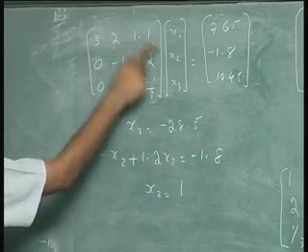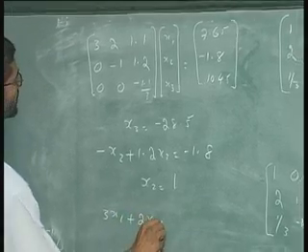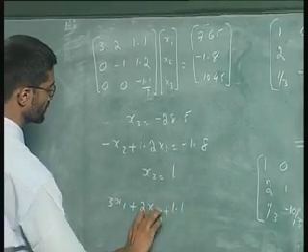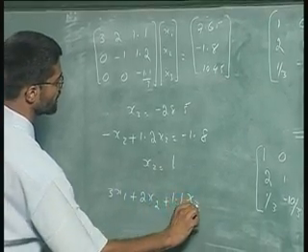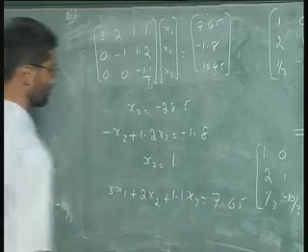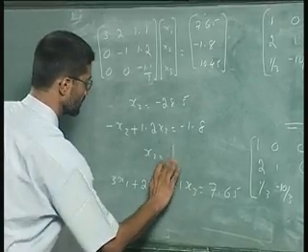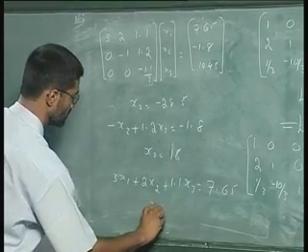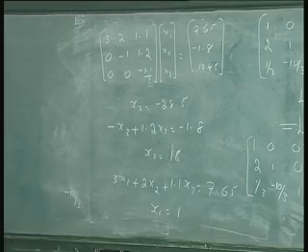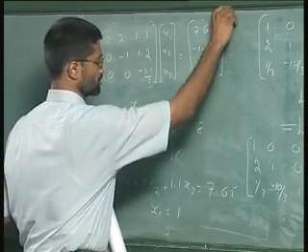Then I can write in the last equation, that is 3 x1 plus 2 x2 plus 1.1 x3 is equal to 7.65. From that I can get x1, and that turns out to be 1. So you can do this calculation and then you would get this solution.